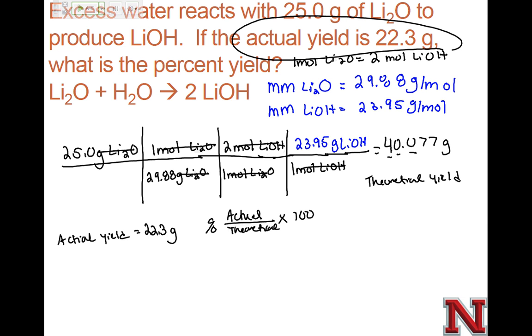So plugging that in, 22.3 grams of LiOH is what we did retrieve, but we should have made this much, 40.1. So our percent is 55.6.